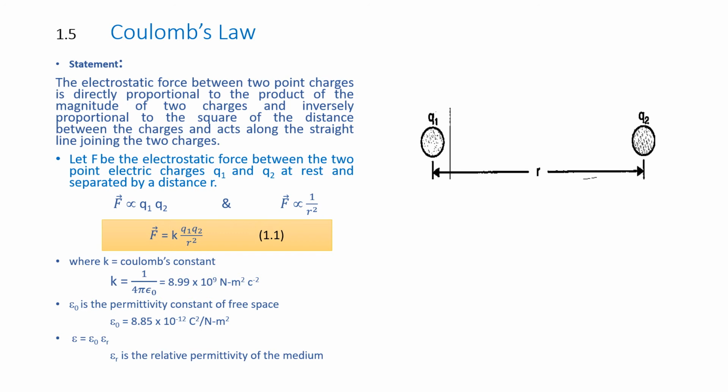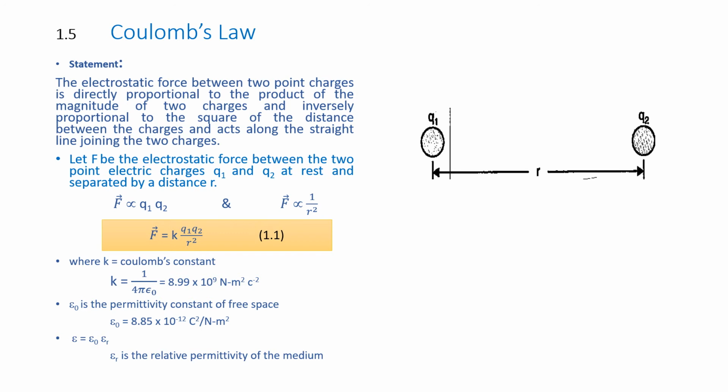So, substituting the proportionality by a constant, we get F is equal to k into Q1 Q2 divided by r square, where k equals Coulomb's constant. The value of k is 1 over 4 pi epsilon naught equals 8.99 into 10 to the power of 9 Newton meter square per Coulomb square.